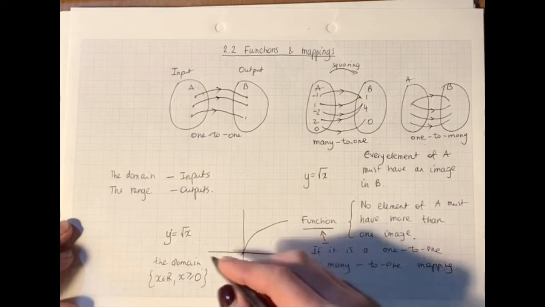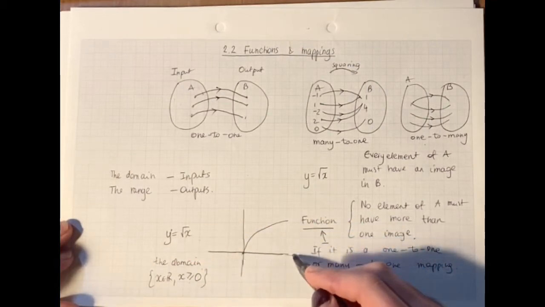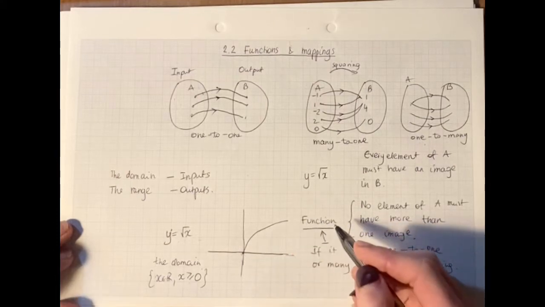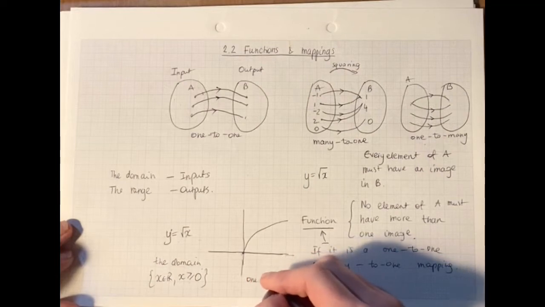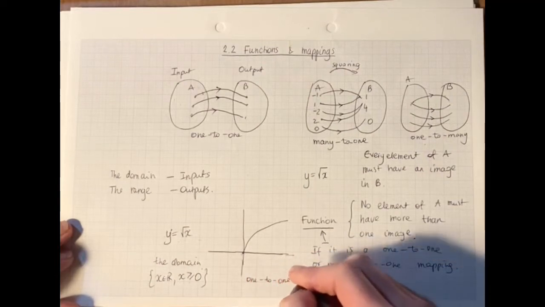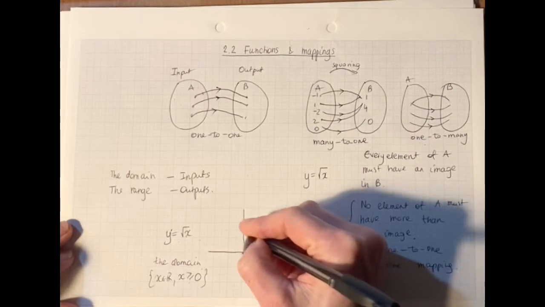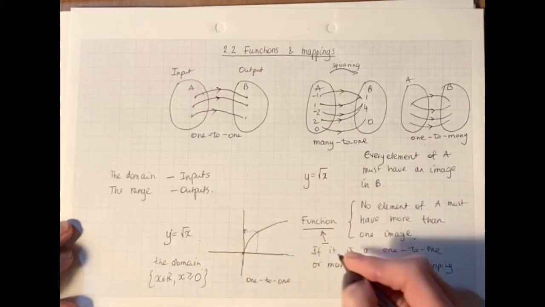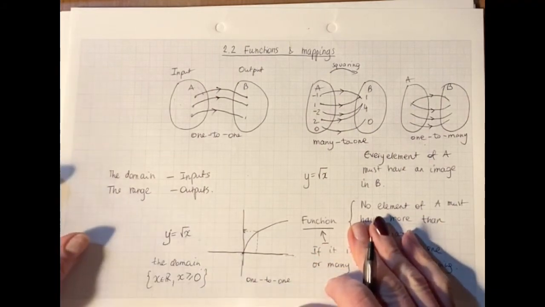Once we've done that, because we cannot square root negative numbers, we know that every element of the domain will have a unique output. So this is also going to be a 1 to 1 function. As you can see, for every element on the positive x-axis, you will get an output, and it will be unique for that particular value.